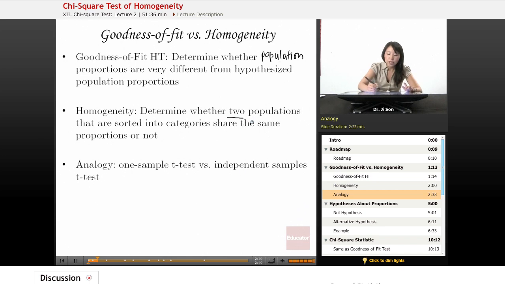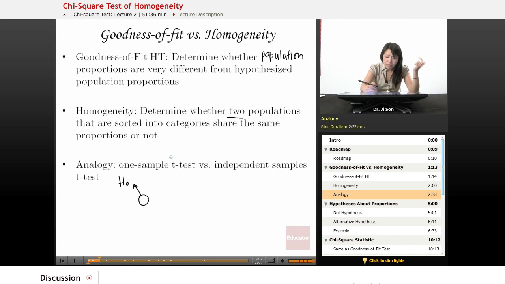And so really, you could think of this as an analogy, using the relationship between the one sample t-test and the independent samples t-test. In the one sample t-test, we had one sample and we compared it to the null hypothesis, such as mu equals 0, or mu equals 200, or mu equals -5.